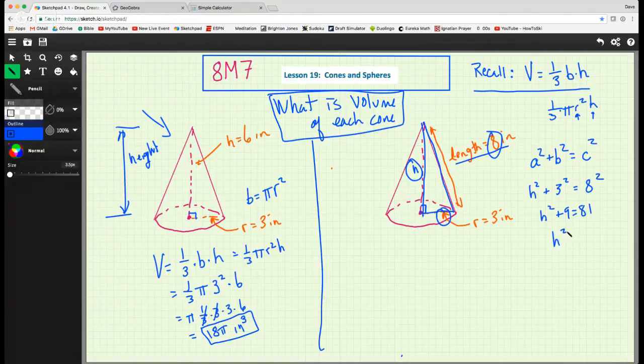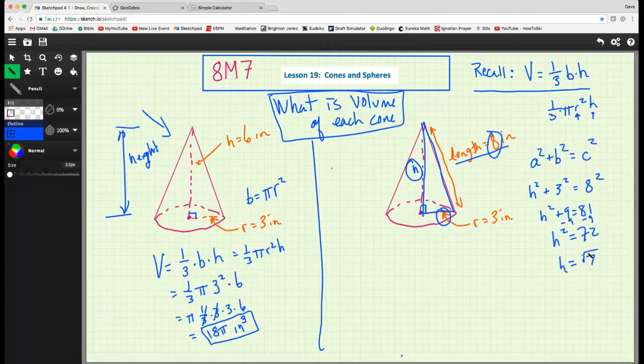So h squared equals 72, because I'm subtracting 9 from both sides. So our h is the square root of 72. And if we want to simplify that, that's the square root of 36 times the square root of 2.